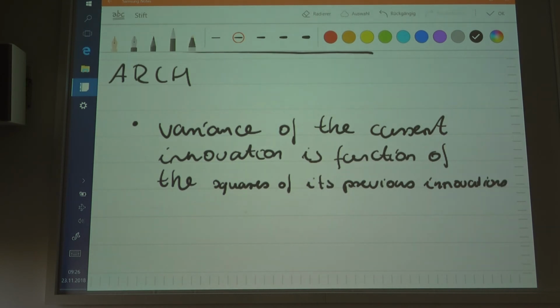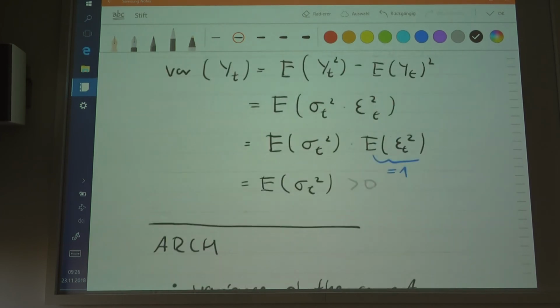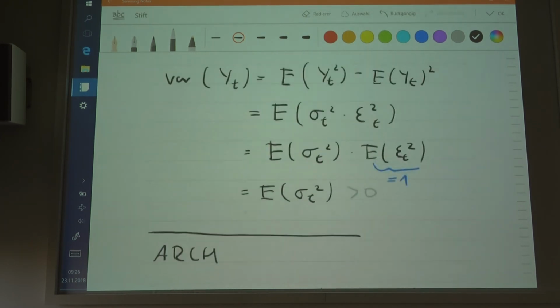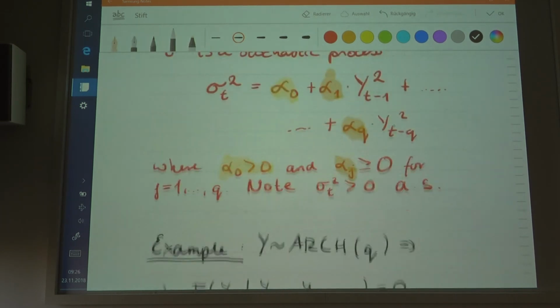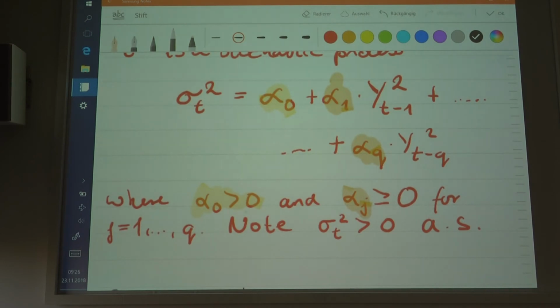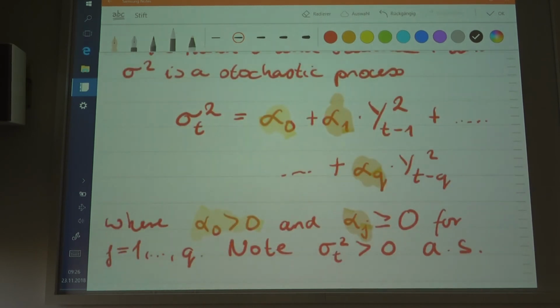Again, let me just illustrate this. So this is going to be the variance. To be precise, this is the variance of the process here, and it's a function of the squares of its previous innovations.